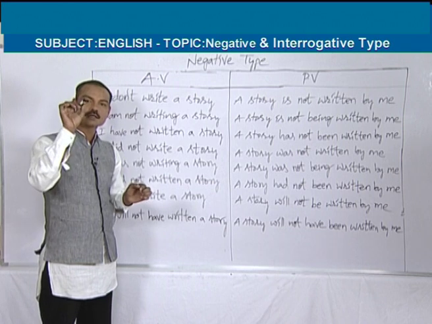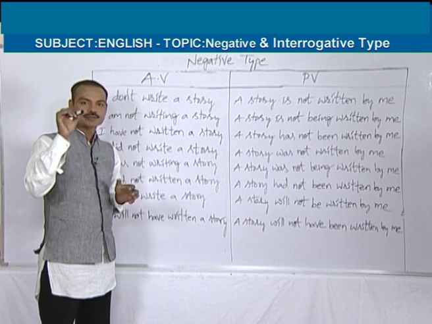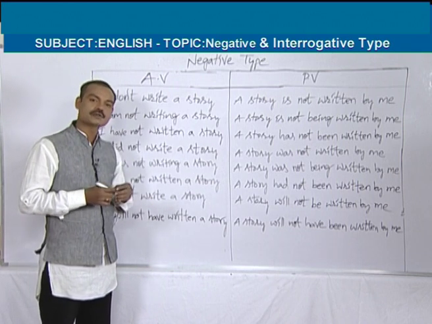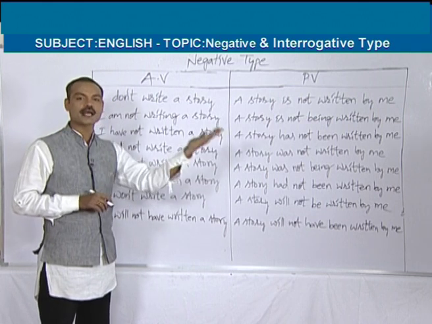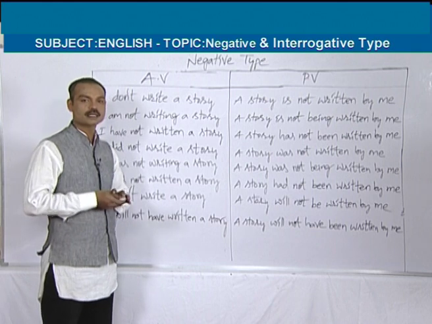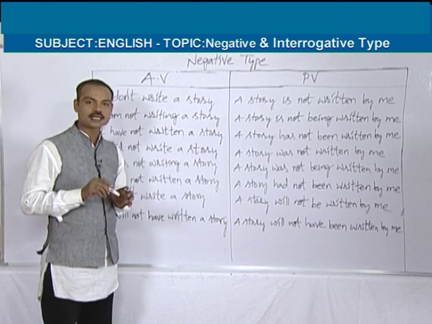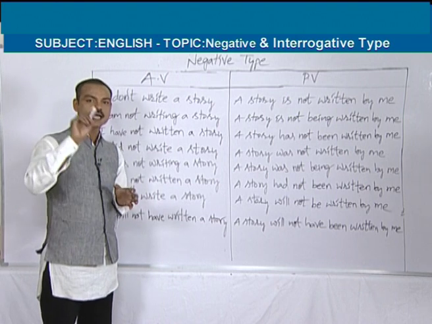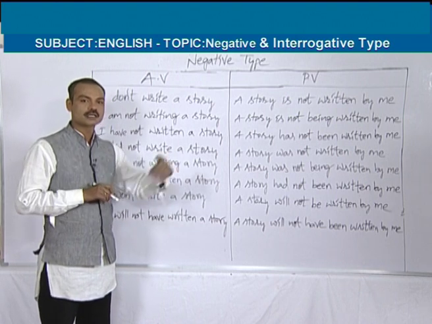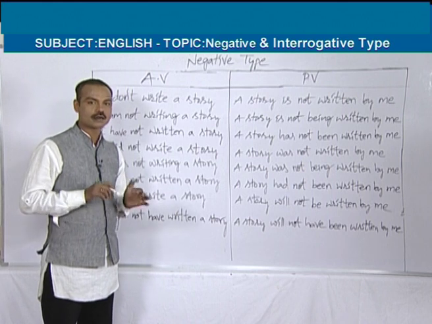If it starts with you, it should end with you. If it starts with they, it should end with them. If it starts with he, it should end with him. If it starts with she, it should end with her.